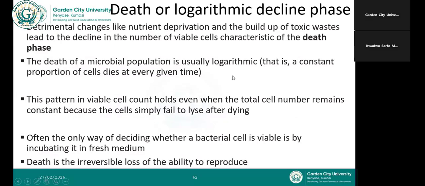Then the death phase is where there is irreversible loss of the ability to reproduce. So the organisms don't have any nutrients to get energy to go about their metabolic activity. So life ends there.